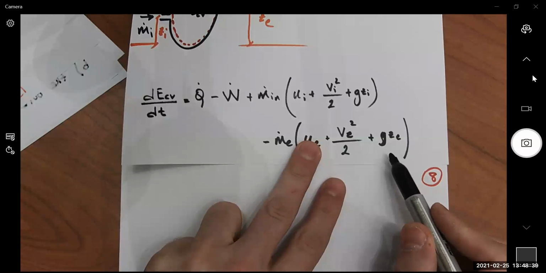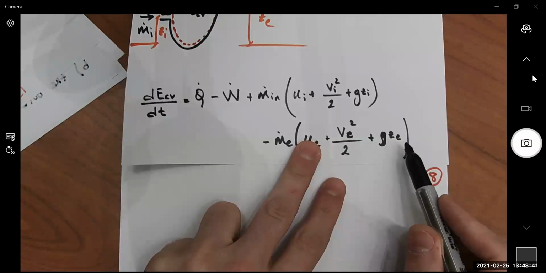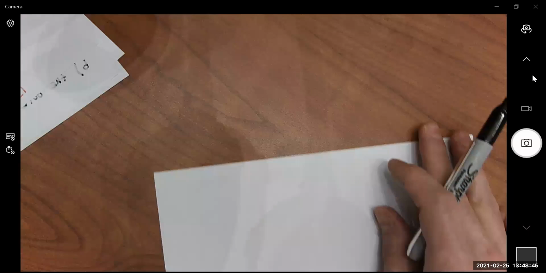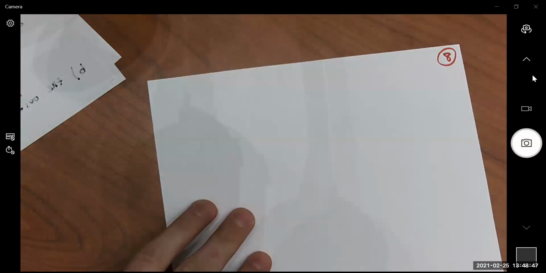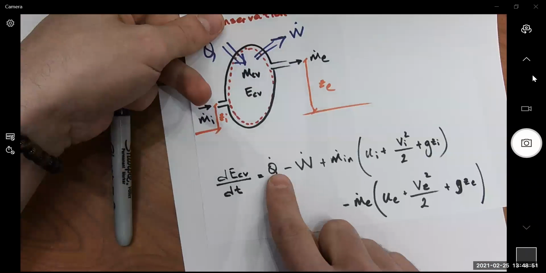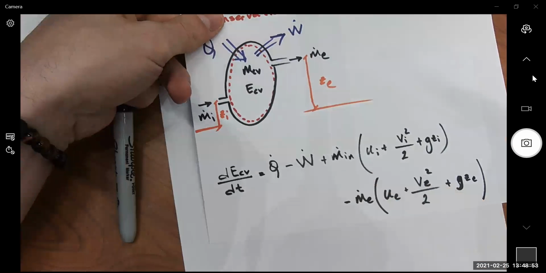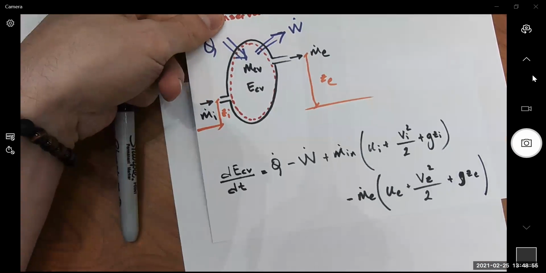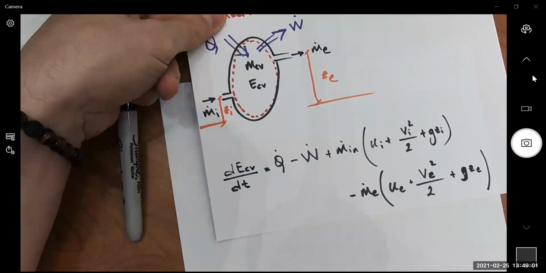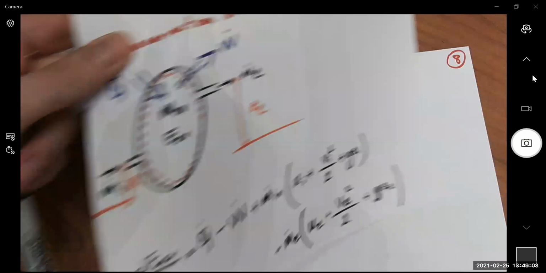Yeah, E to the exit. Okay. So remember this, each term Q and W has their own subtitles: Q in, Q out, work on, work by. That's complete those.